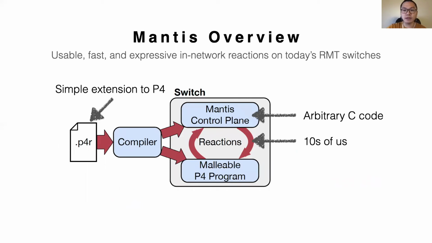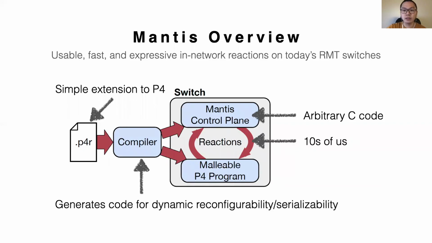Specifying this behavior is the P4R language, a simple extension to P4 that enables users to specify which portions of the P4 program should be malleable and to define the reaction logic. The Mantis compiler then transforms the P4R code into deployable code, ensuring runtime reconfiguration and serializability of the reaction loop.